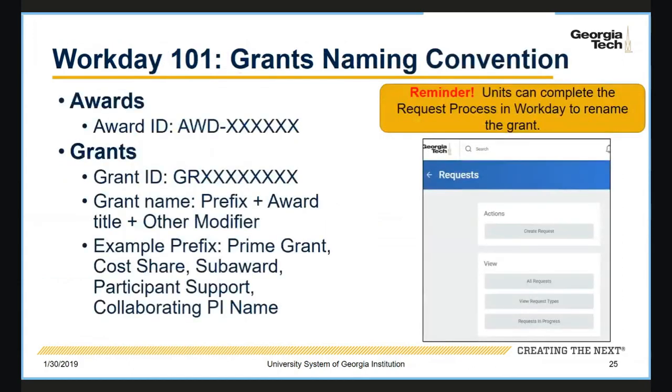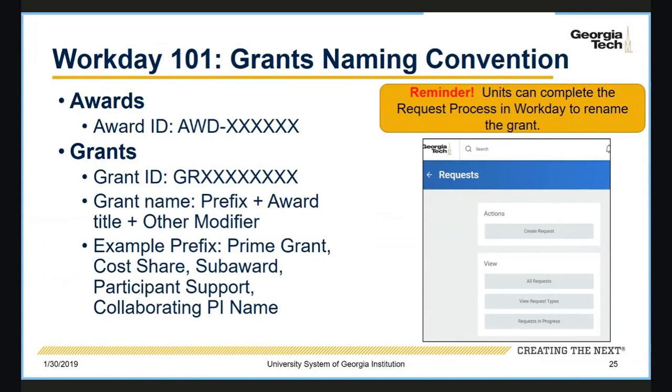Next, back to grant names and award IDs. Each award ID will have an alpha indicator of AWD dash followed by a 6-digit auto-generated sequential number.